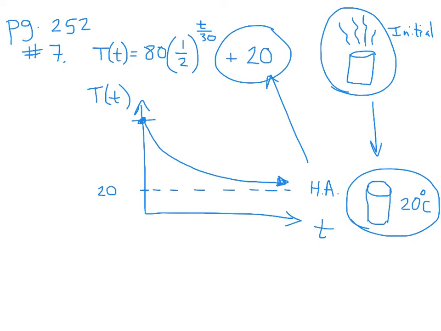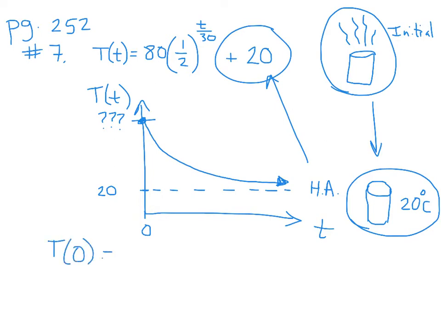Now, how are we going to find the actual initial temperature of the hot liquid? That is the key. The initial temperature of the hot liquid is going to have to be found by plugging in time equals 0, because time equals 0 will tell us what the starting temperature is. So that's what I'm going to do. I'm going to plug in time equals 0 into this formula.